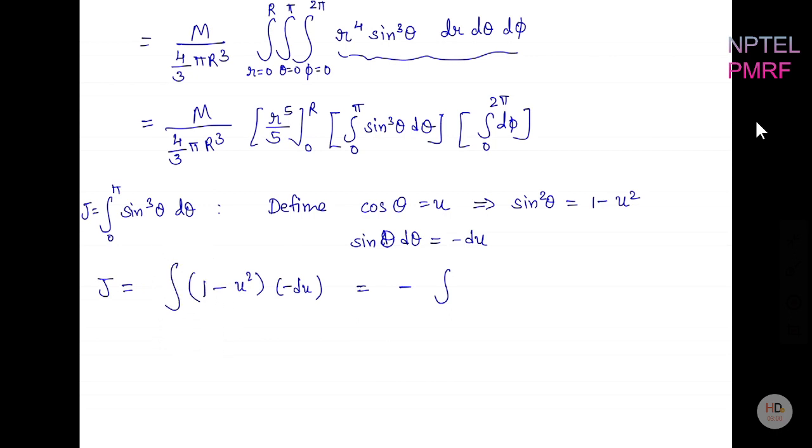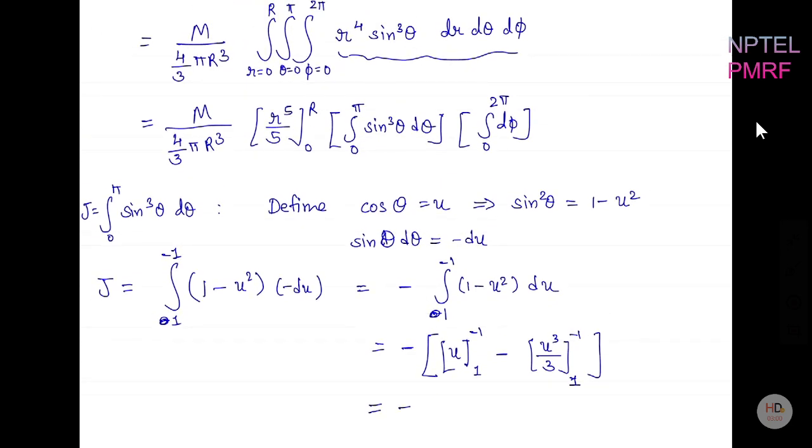So cos of 0 is 1, and cos of pi is minus 1, so the limits go from 1 to minus 1, and then we have 1 minus u square du, so minus the integral of du, which is just u, from 1 to minus 1, and minus the integral of u square, which is u cube by 3, again from 1 to minus 1.